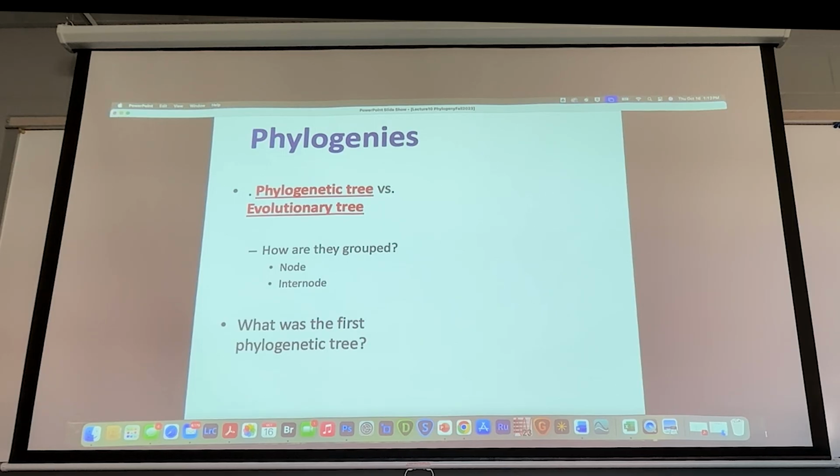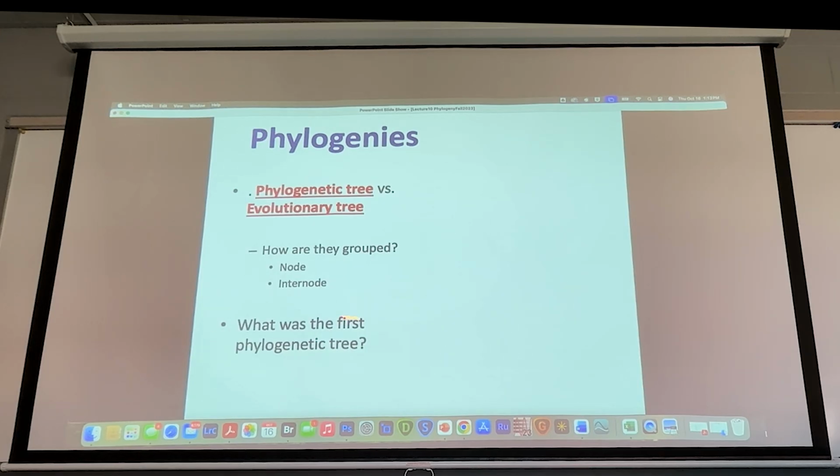The length of a branch can be short, long, or intermediate, which would represent either evolution events, or length of time, or genetic difference. It depends on how you build your tree. So the internodes are the branches or lines between the nodes.